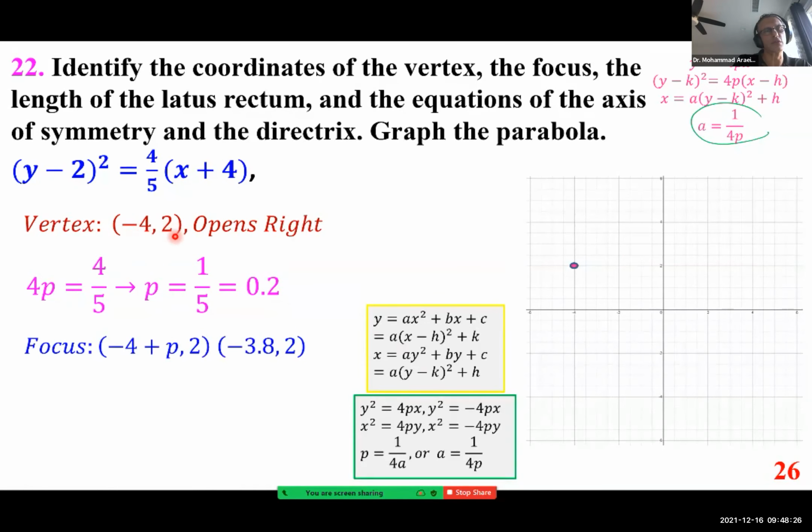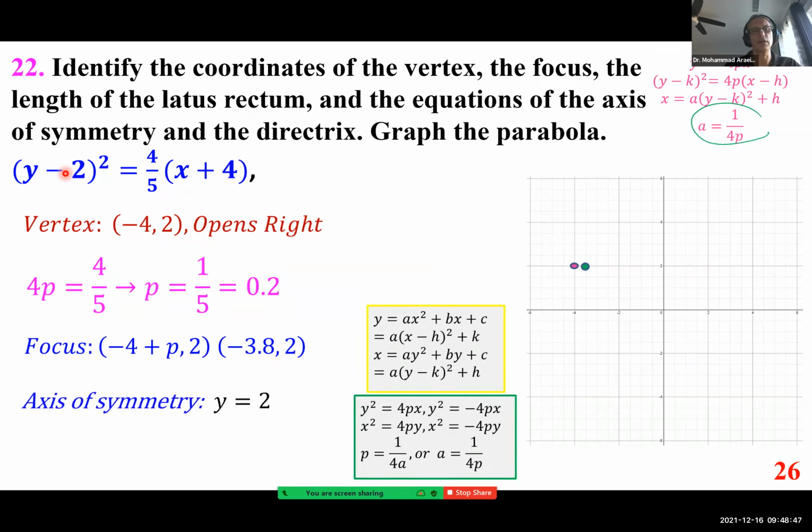So to move this to the right by this much, that means add this number to the x coordinate. Now, the axis of symmetry, as I said, it's clear. This is the axis of symmetry. y equals 2.